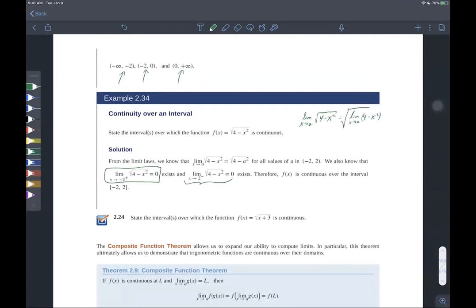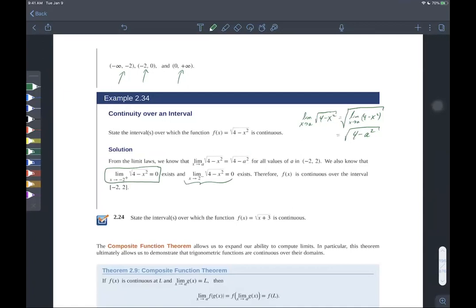And then we could apply the square root to the limit. And then since the limit is a limit of a polynomial, that limit is going to be 4 minus a squared. And then we apply that square root to the limit. And so that's exactly what they said in this statement here.